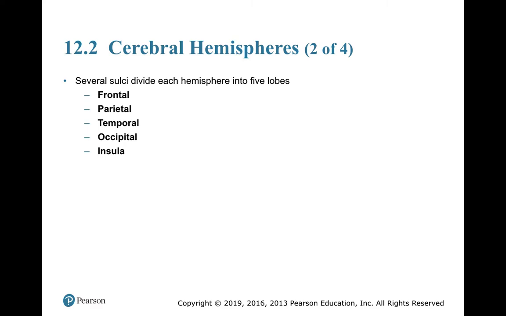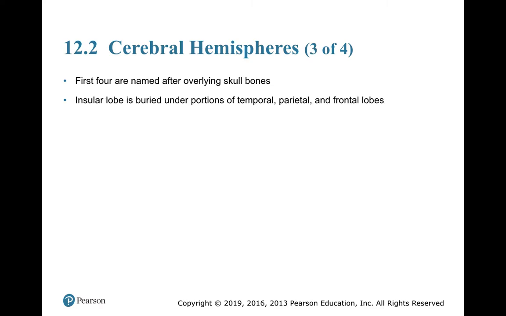The first is the frontal lobe, covered by the frontal bone, then the parietal lobe, temporal lobe, occipital lobe, and then the lobe that is not named for a bone that covers it, because it's buried deep in the cerebrum: the insula. The first four are named after the overlying bones. The insula is covered by parts of the temporal, parietal, and frontal lobes.